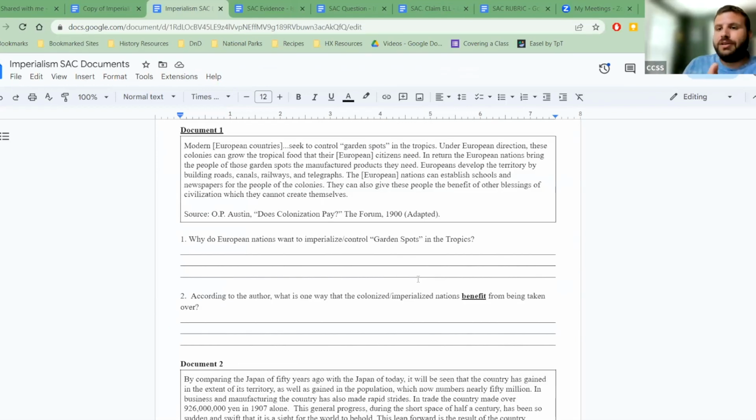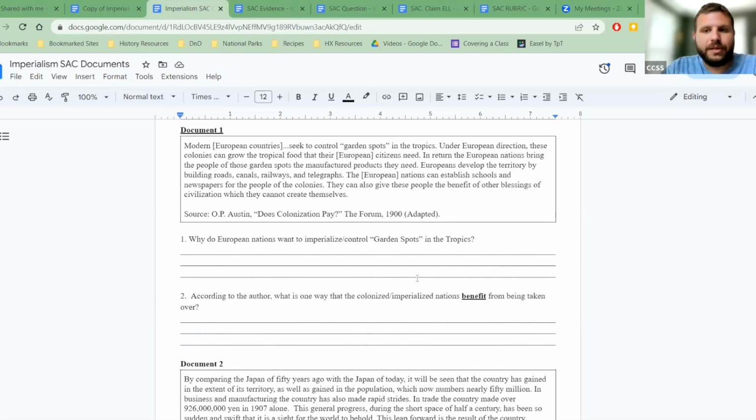So each one of these can be used as evidence in one way or another, depending on your analysis of it. Sometimes you can use it for each one. They're not always very pro-imperialism or anti-imperialism, but they do lend themselves a little bit for critique.